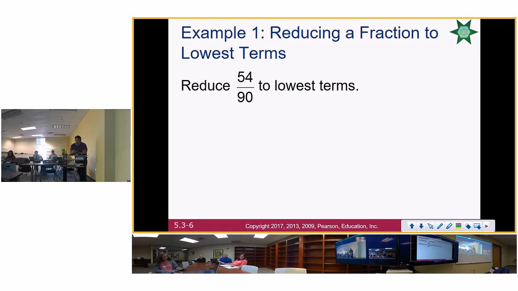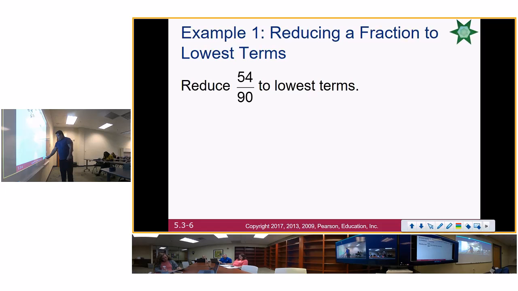Now, I could divide by 9. I will not get the wrong answer. But I'm not going to do that because 9 to some people is very difficult to divide by. So I want to divide by 2 because they're both even and 2 is an easy number to divide by. So 2 will go into 54 how many times? 27.